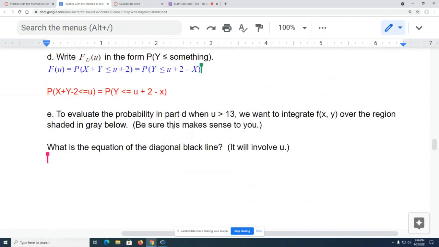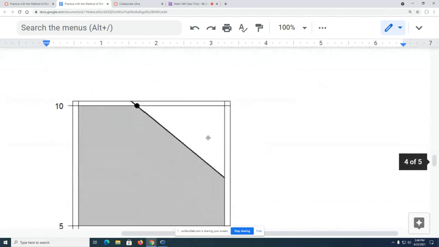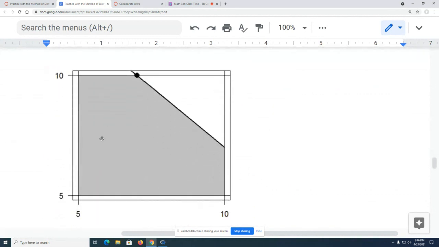And when u is greater than 13, that sketch looks like this. We're integrating over this gray region. Find the equation of this black line in terms of little u.